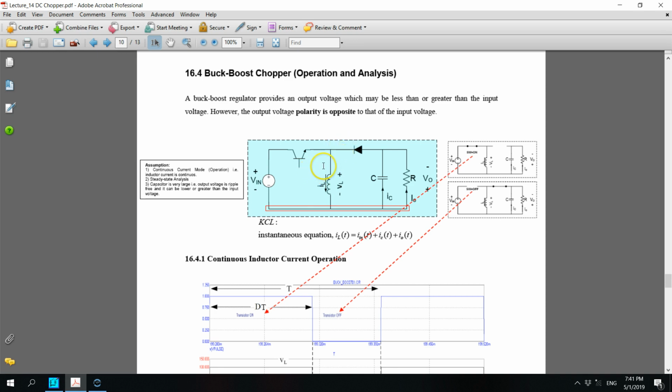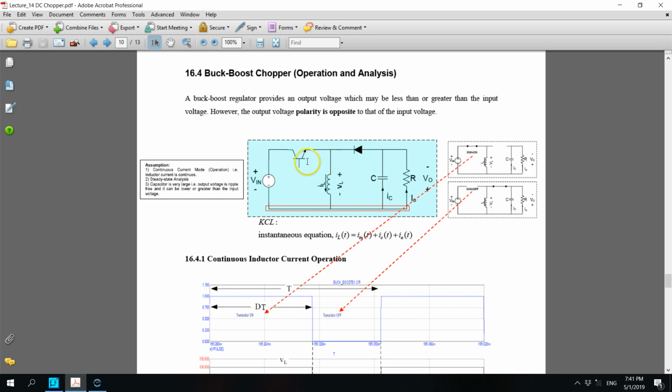Then this is the important note: if you look at the instantaneous equation, the inductor current equals the input current that flows out of this node. We also have IC, the capacitor current, and the output current I0.